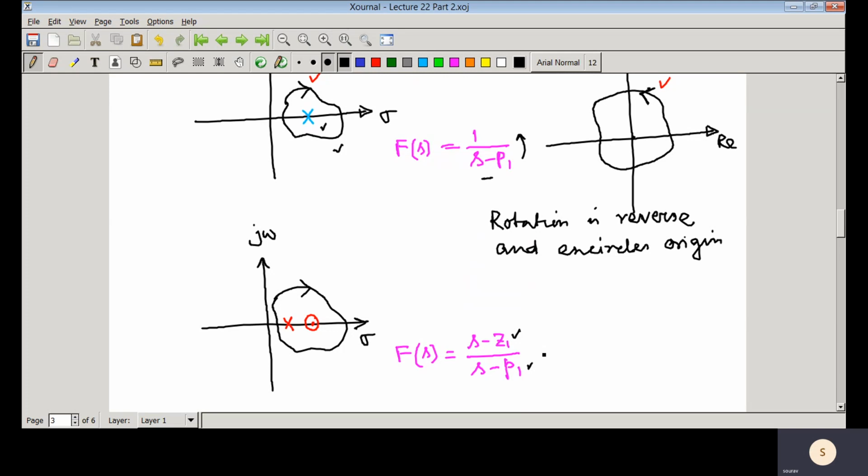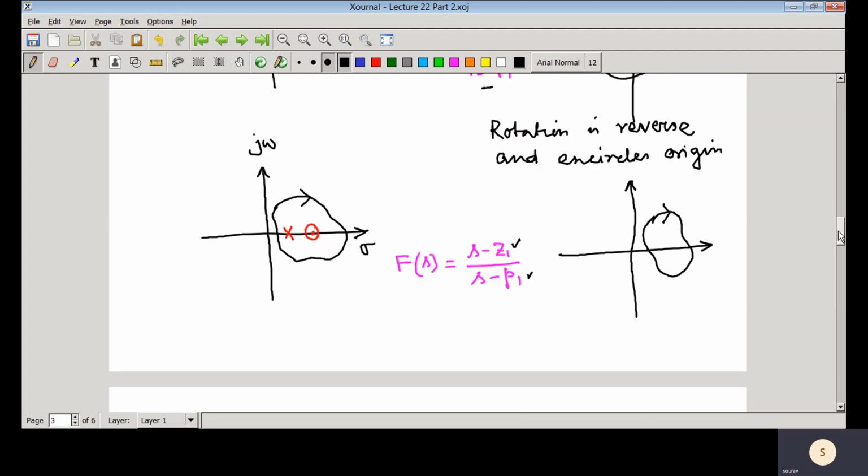So basically the total angle contribution would be equal to 0. That means in the F(s) plane there should not be any encirclement of the origin, because the total angle contribution is 0, since one pole is there and one zero is there. So what happens?